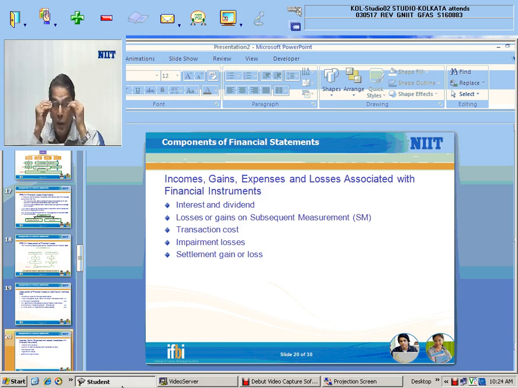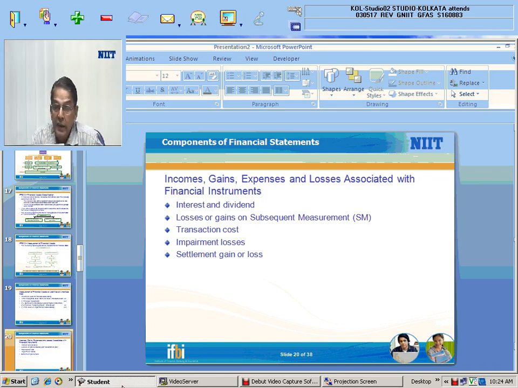Now amortization, what does it mean? The person is paying the EMI, which consists of both principal and interest components. As he goes on paying the EMI, the part of the principal gets repaid. That is called amortization.